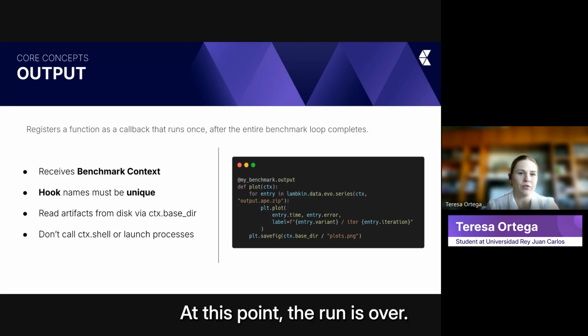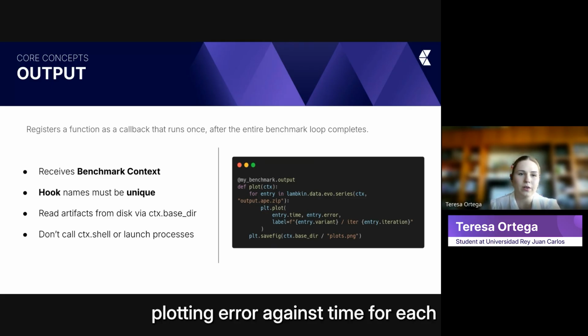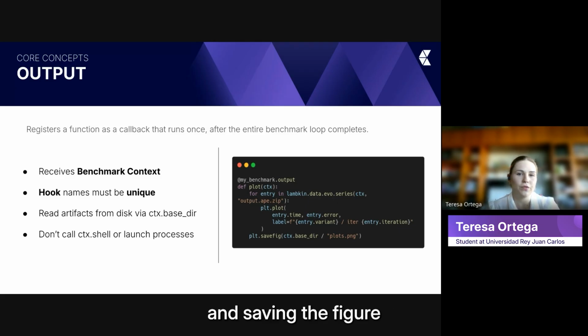At this point, the run is over, so this is only for analysis. In the example on the right, we iterate over results with lambkin.data.evo series, plotting error against time for each variant and iteration, and saving the figure into context.base.